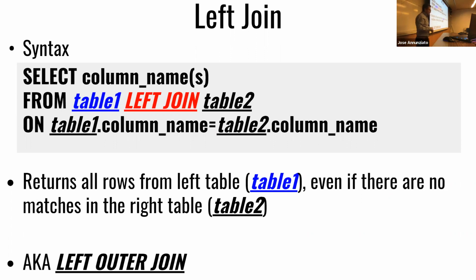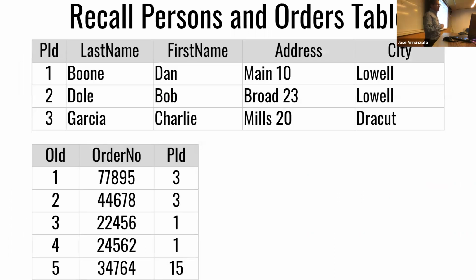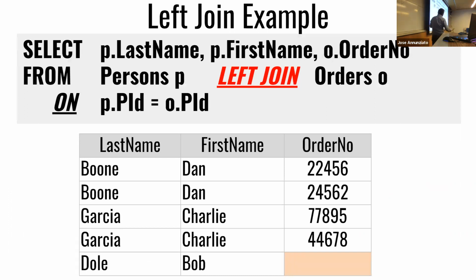For instance, if we go back to our original database, it would look something like this. I do the join, and the person is on the left. See that? Person's on the left, and Boone and Charlie had records that were counterpart records on the orders. But Garcia didn't have any.